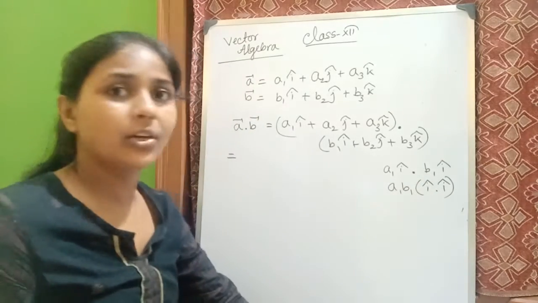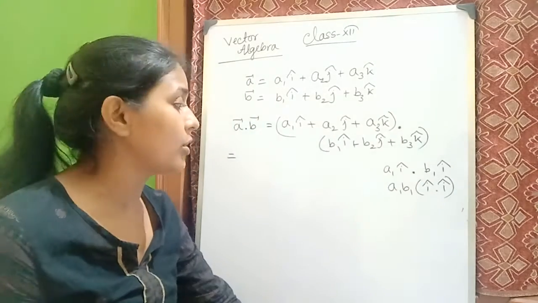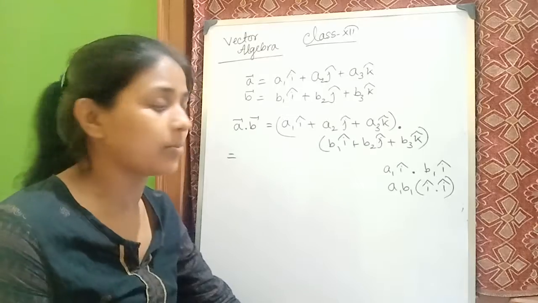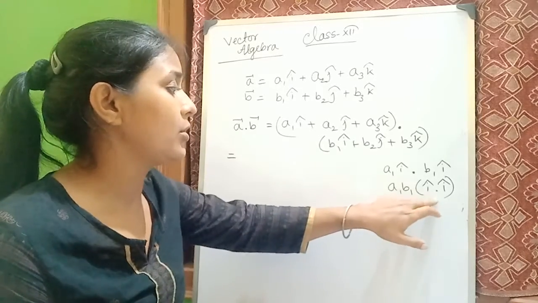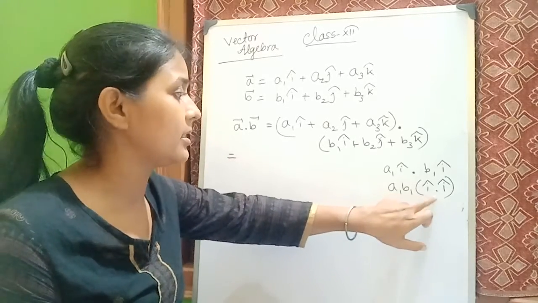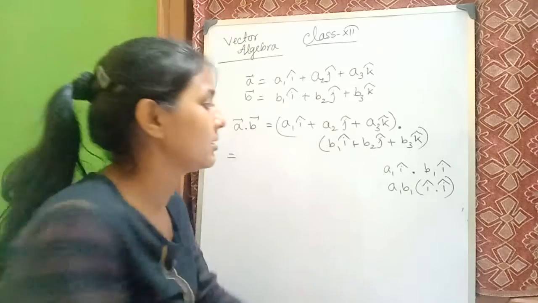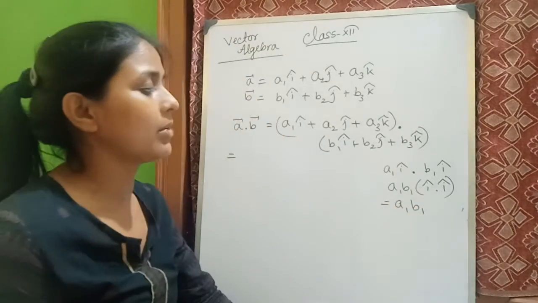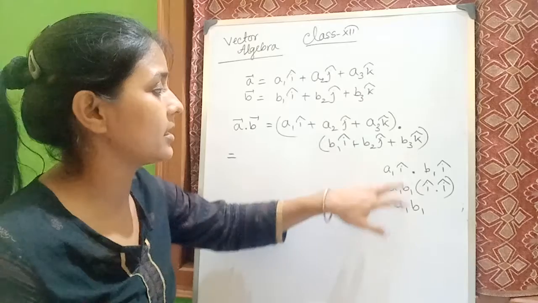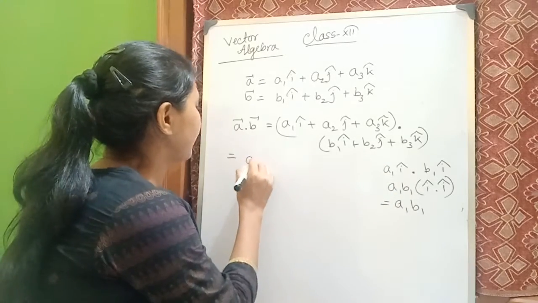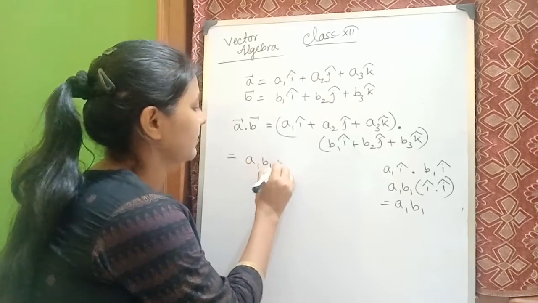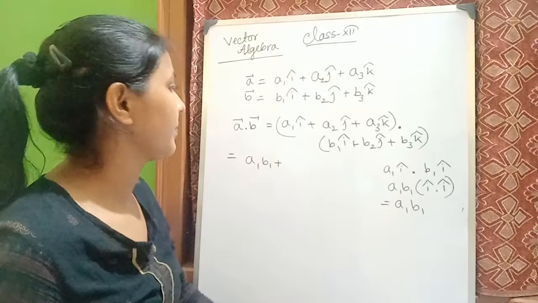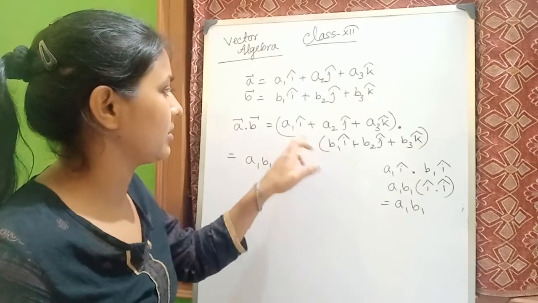For i dot i, in the previous video, you can check the link in the description box, we found it is 1. That means finally we get A1 B1 as the result. So the first one is A1 B1.